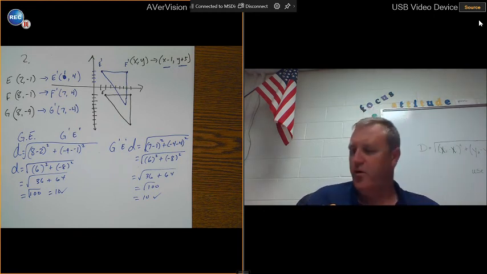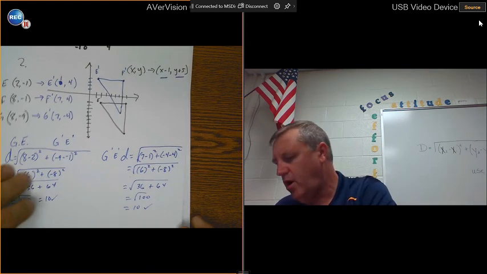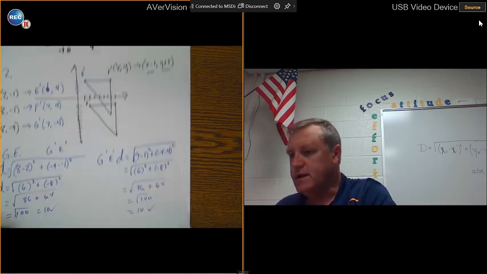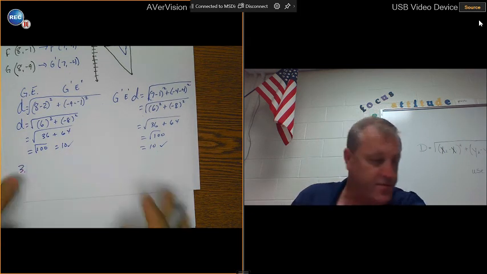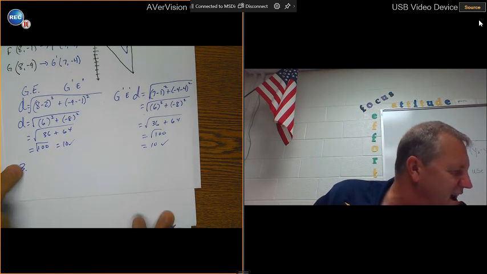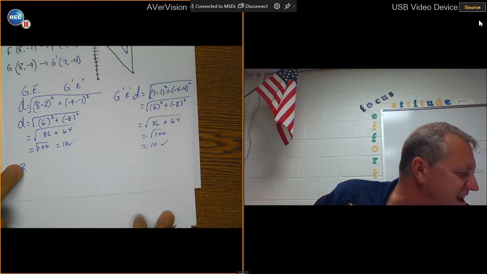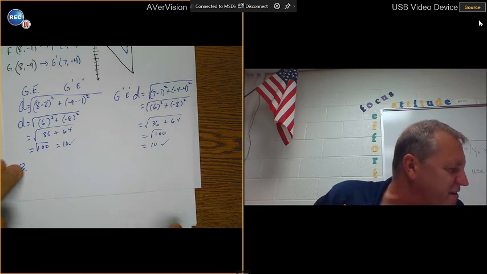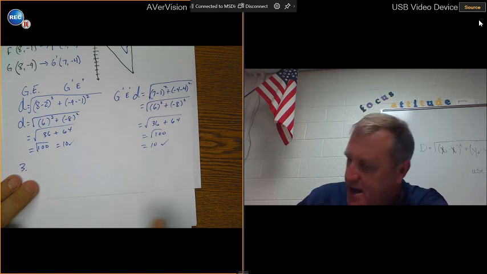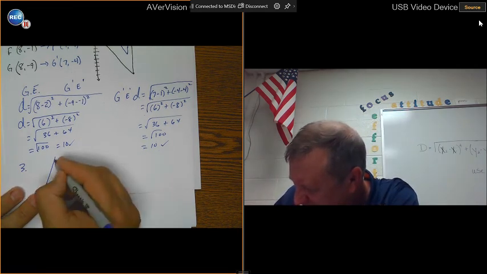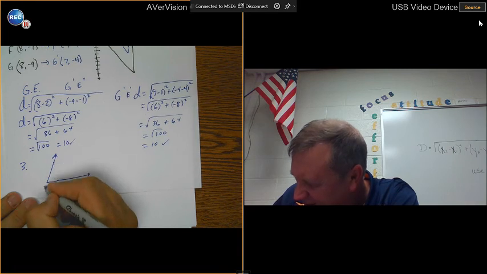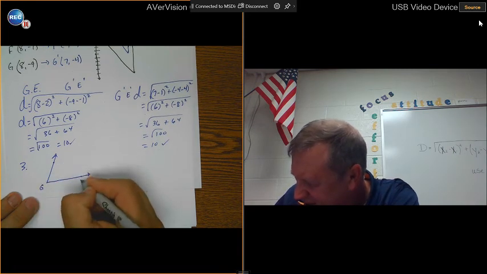Find the measure of the angle formed by the angle bisector. Let's keep moving along. Lily's going to say we're going to run out of time, and then I'm not going to be happy. All right, number 3. The ray GJ is the angle bisector of angle FGH. Okay, so here we go. FGH.